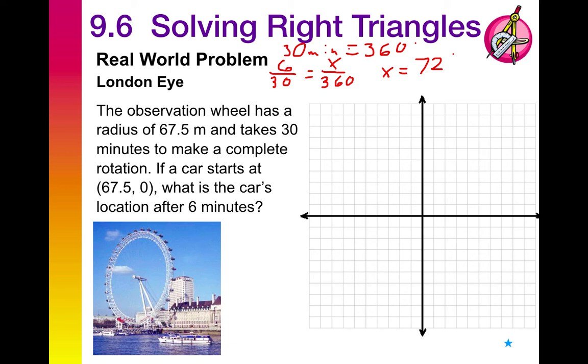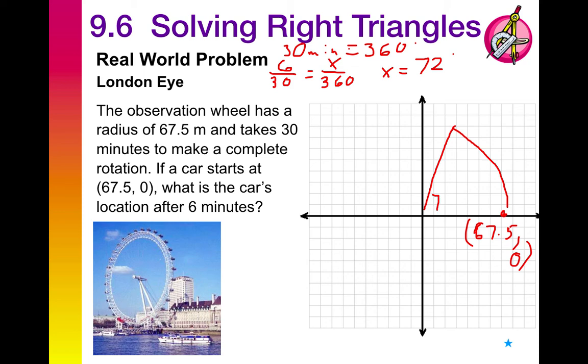So let's just pretend that this is the starting place, and this is going to be 67.5, comma, 0. And then at some point, the car is going to rotate up and be 72 degrees.